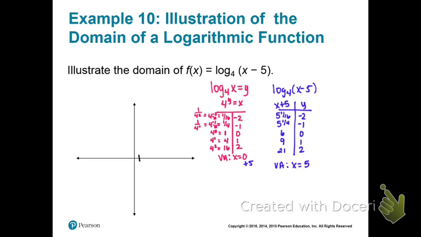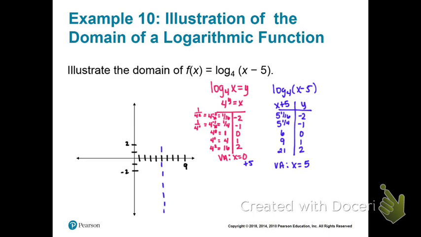Let's go graph. I have a vertical asymptote at 5. So I'm going to draw my vertical line.